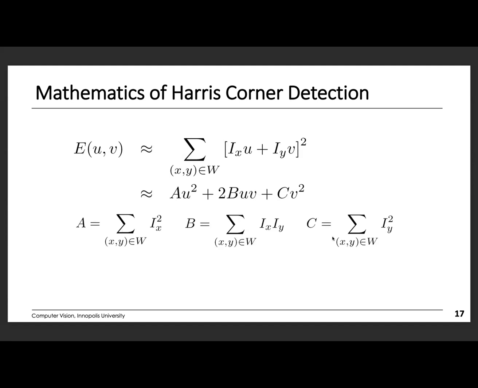And here we just define these three values, and it should be quite easy to calculate them. The sum of Ix squared: this is just the derivative in the direction of x, and you just sum its squares. Simple, so it's a basic function. Here, this is the derivative in the direction y, and you again sum its squares.